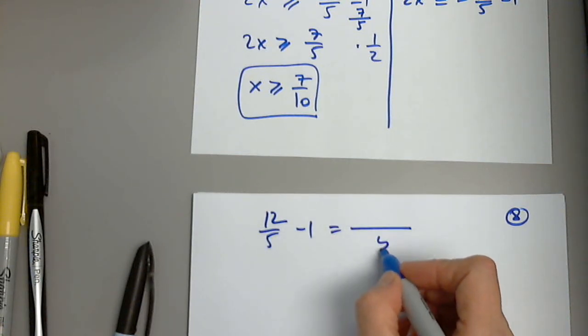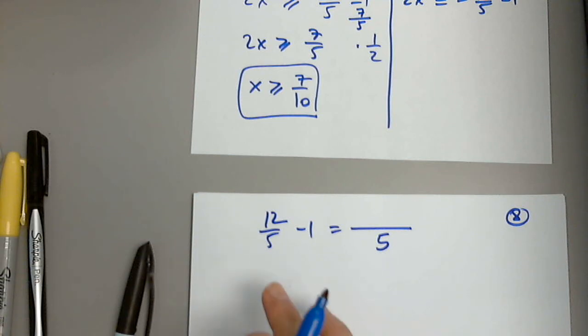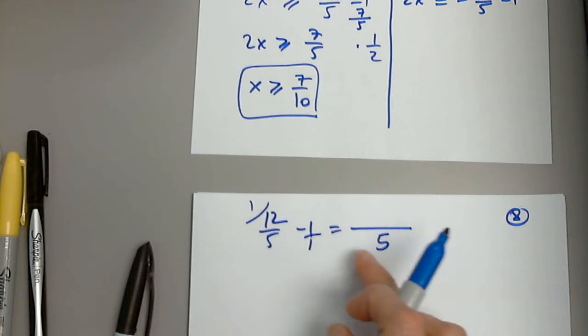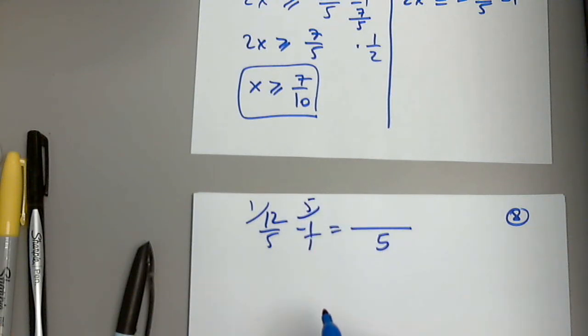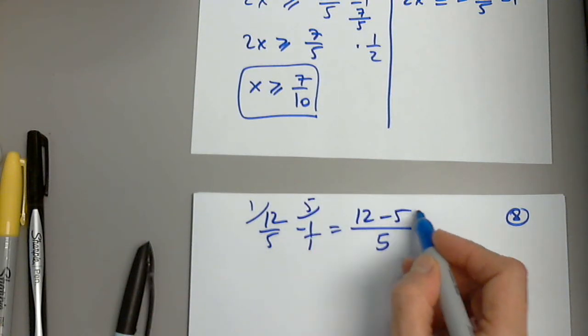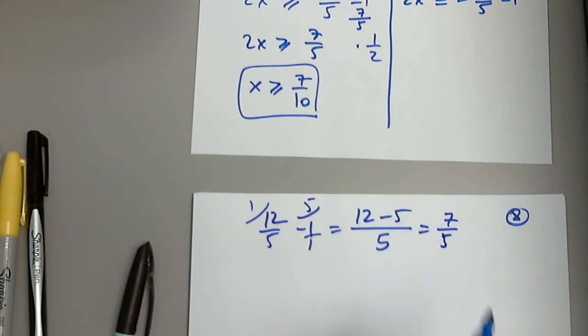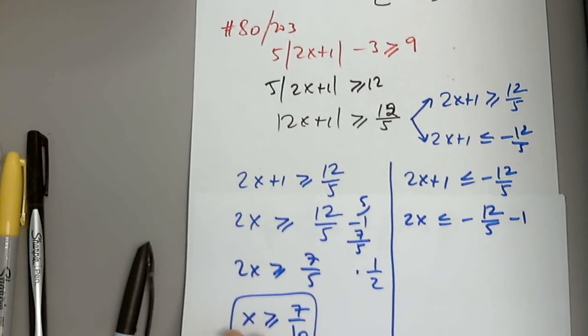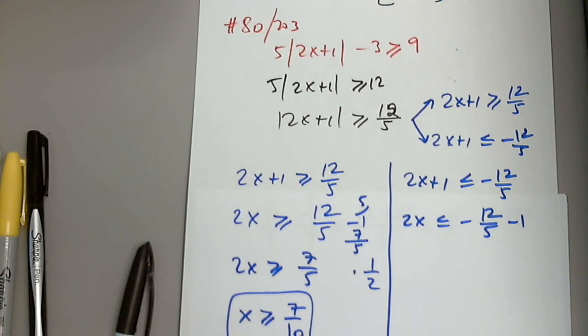I find the least common denominator, which is 5. 1 in the denominator times what is 5 is 5. So then I have 12 minus 5, which is 7 divided by 5. Is that better? Yes? Okay, very good.